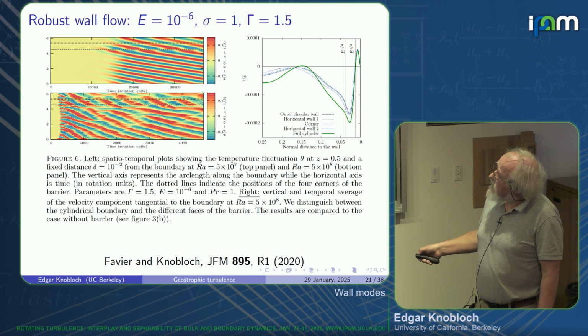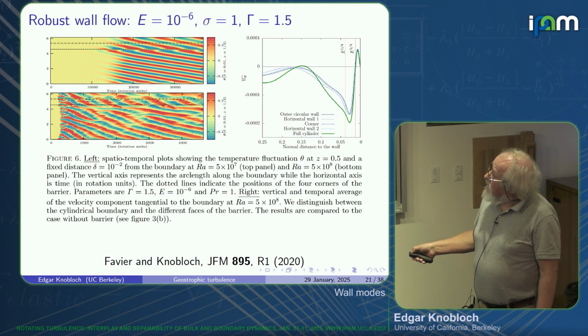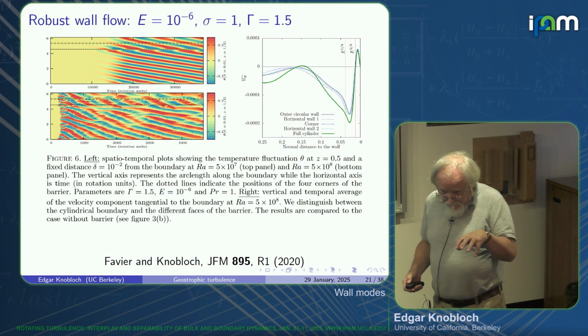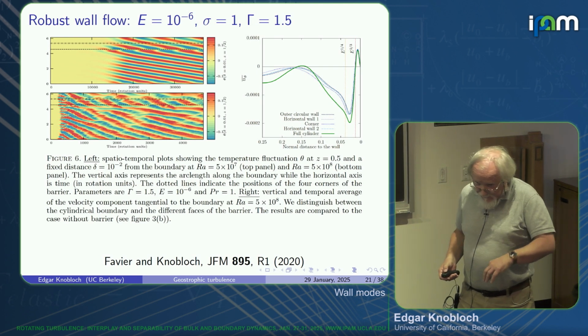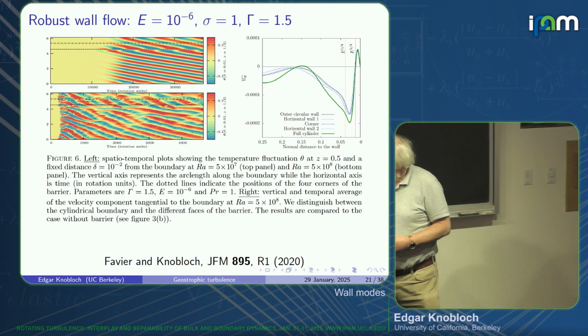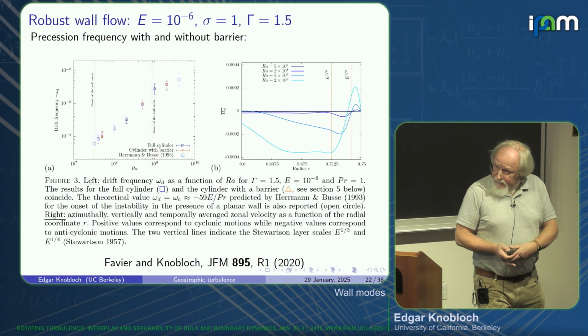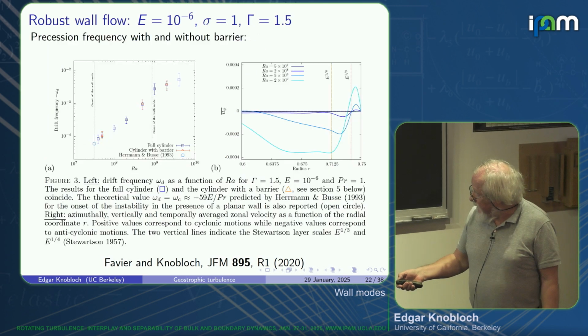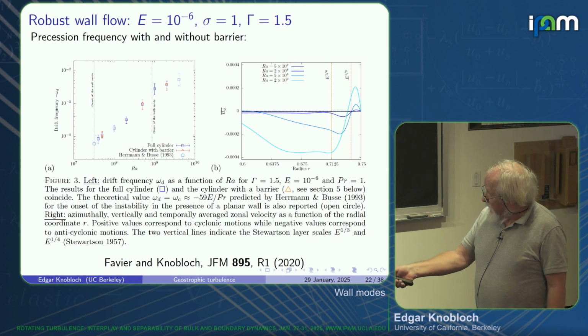And this is the profile of the flow. You can see here that it's prograde actually very close to the boundary. Then it becomes retrograde, and it's really this part of the domain that's responsible for the precession rate, which is retrograde overall, okay? And this just shows the drift speed. It's minus omega d because it's retrograde.